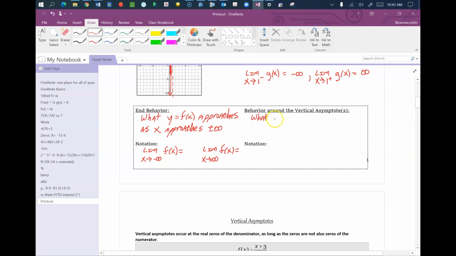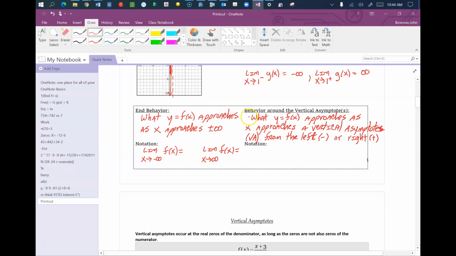So what that means is what y equals f of x approaches as x approaches a vertical asymptote, we're going to call that VA for short, from the left, which we're going to use a minus sign for, or right, which we're going to use a plus sign for.